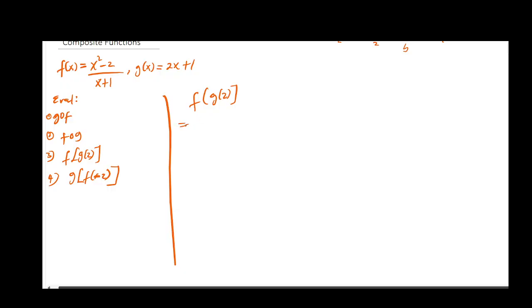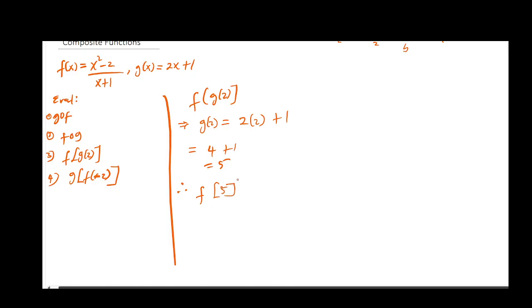So this will imply that g of 2 will give us 2 times 2 plus 1, which is equal to 2 times 2, 4 plus 1, which will give us 5. So it means that f of g of 2 is f of 5, that is what we'll be solving.